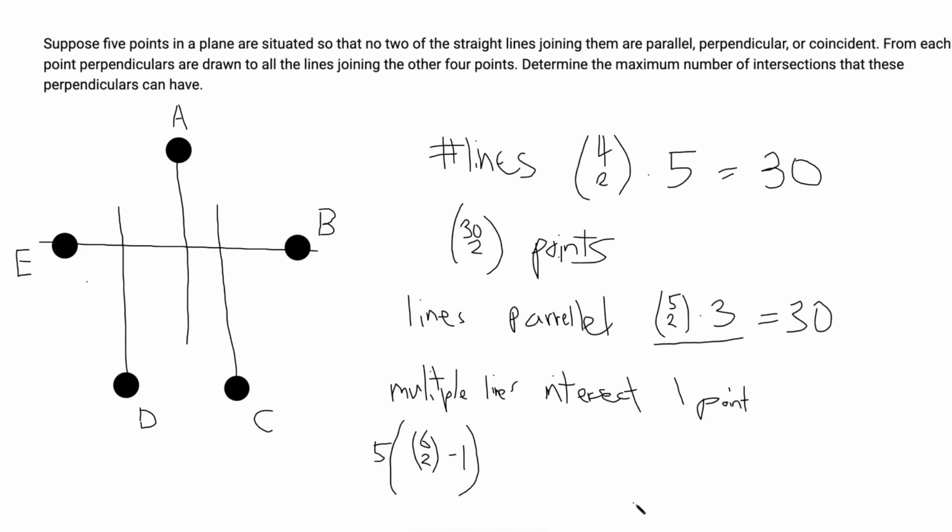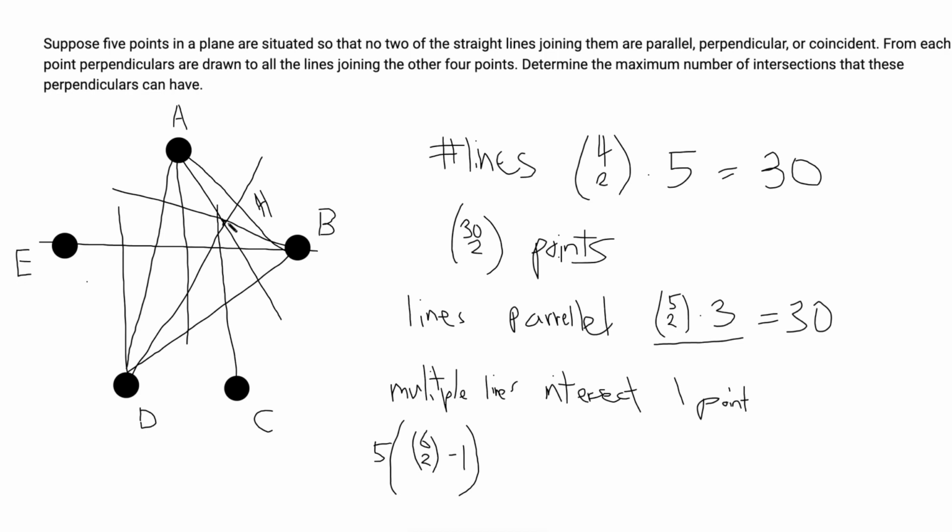Are there any more points of intersection that are intersected by more than 2 lines? It turns out there is. For any 3 points that form a triangle, for example, let's take A, B, D. When you draw these perpendicular lines, what do you get? You get the orthocenter of that triangle. For any triangle, if you draw their altitudes, they will intersect at 1 distinct point called the orthocenter.